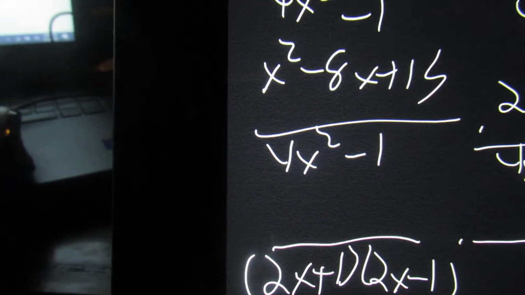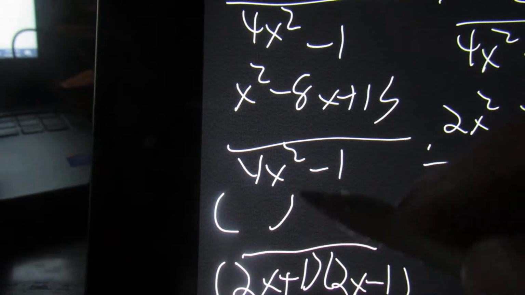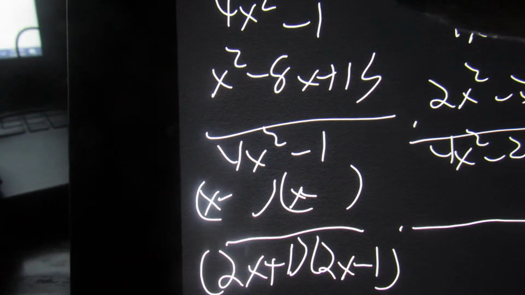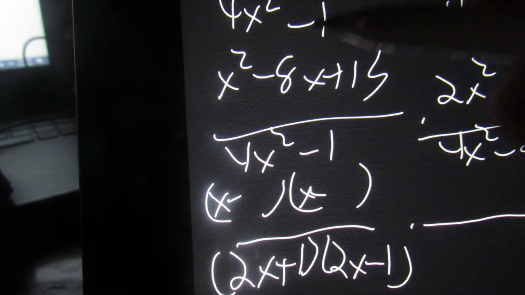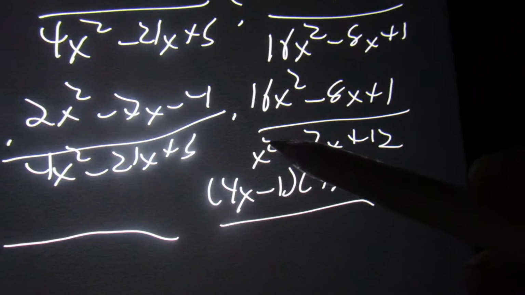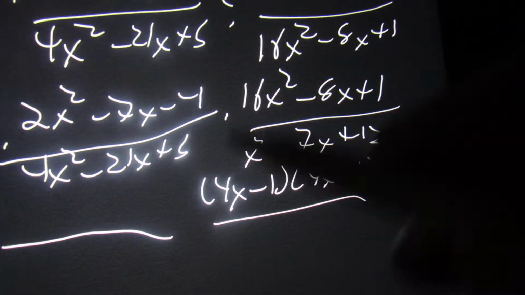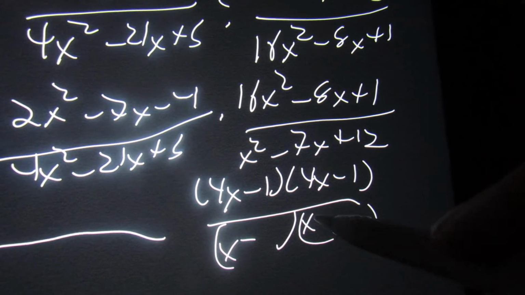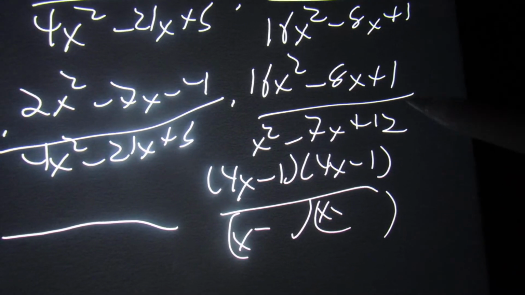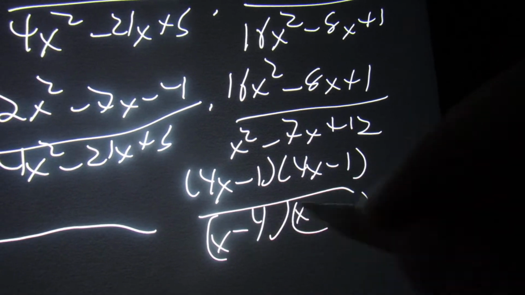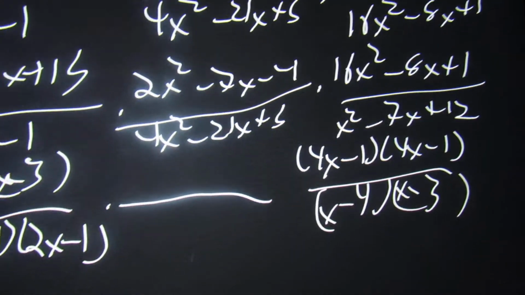The next one that looks easy to factor will be this one. We're going to have two minuses, x minus, x minus. We have factors of 15 that add up to 8, so 5 and 3. And then another easy one here is this one. We're going to have an x minus, x minus. Our factors of 12 that add up to 7 are 4 and 3.